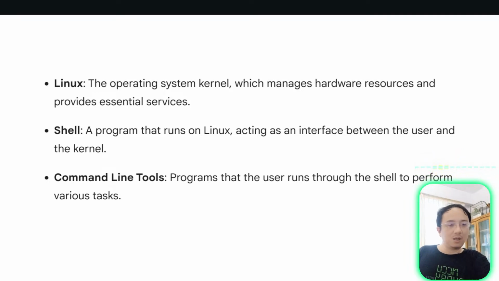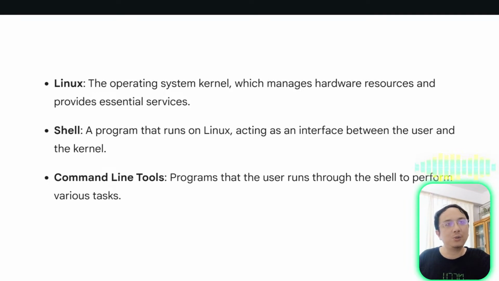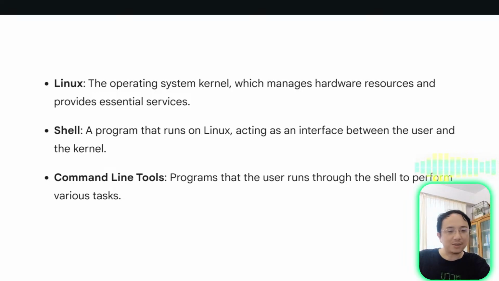But we also refer to Linux as the Linux distribution, like Ubuntu or Debian or other Linux distributions. So sometimes it is considered a collection of the tools that are available in Linux, together with its kernel.